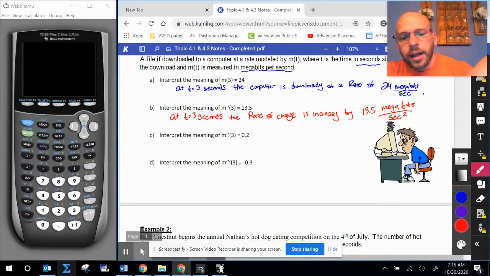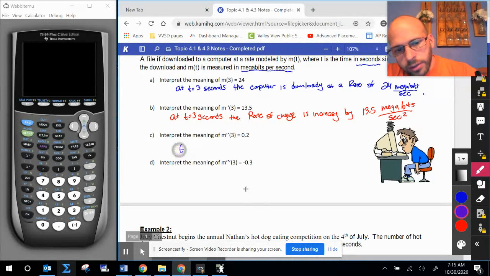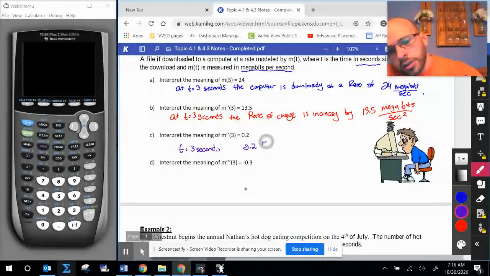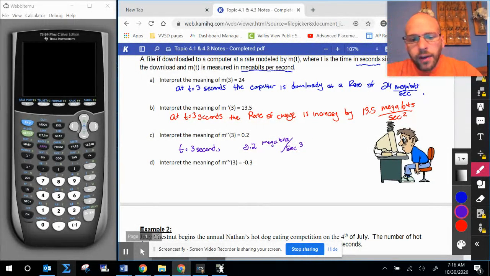Now, if I were to take the second derivative, I know t is 3 seconds, and the 0.2 is referring to megabits per second cubed. Every time we take a derivative, we're finding our new rate of change, so we're finding how the function before it changes over time.